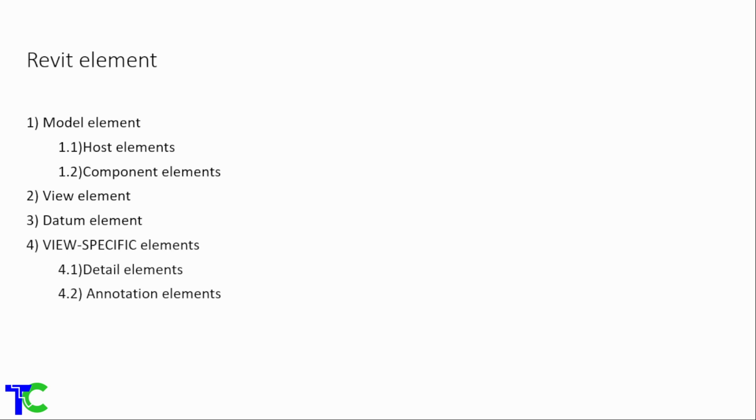In Revit, all the elements are divided into model elements, view elements, datum elements, and view specific elements. Model element is divided into host elements and component elements. View specific elements are divided into detail elements and annotation elements.